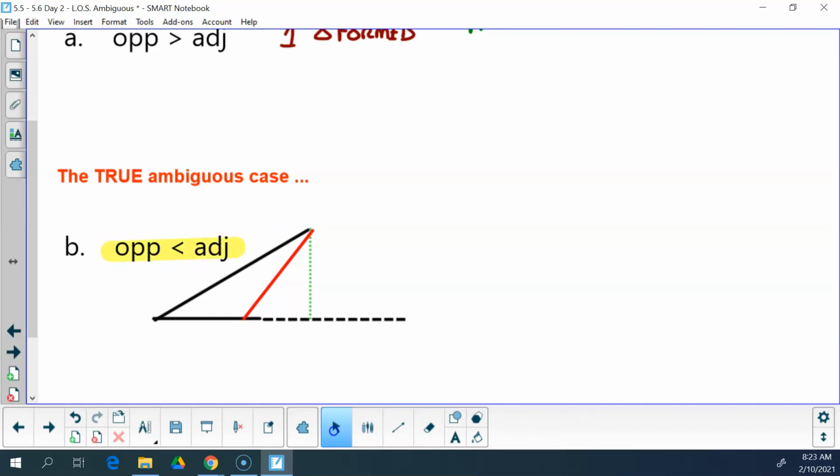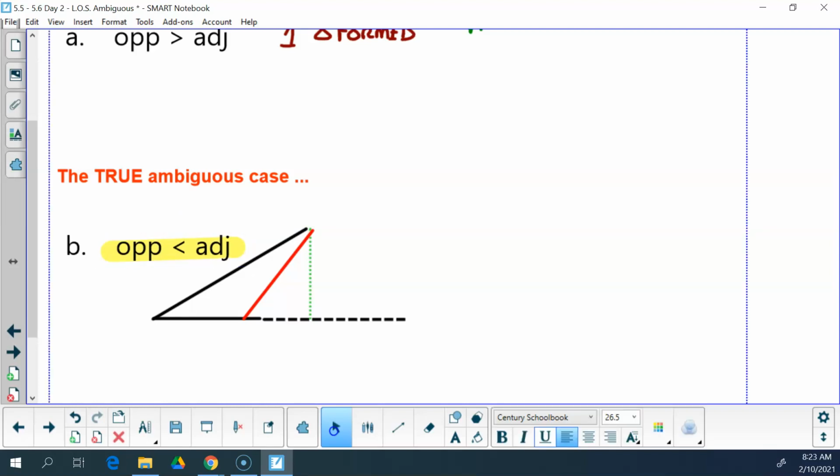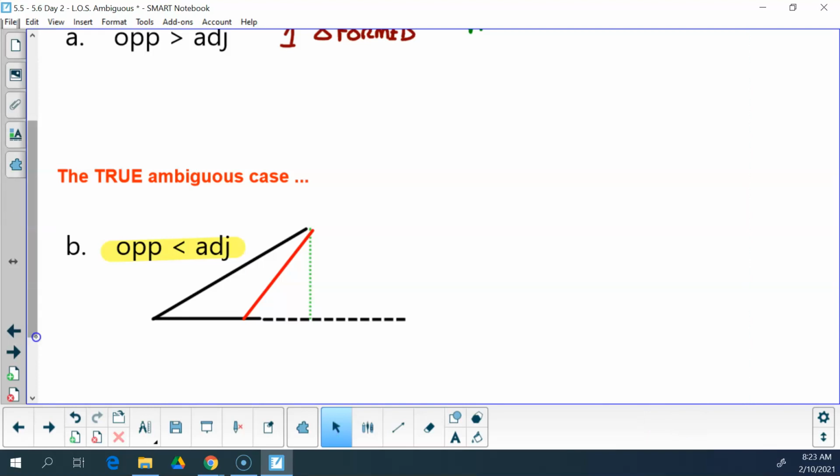Okay. So we have to figure out where that comes from. Okay. So this is the true ambiguous case. Again, we would have been given an angle, a side, and then this red side in here.